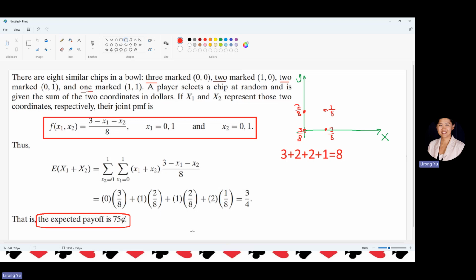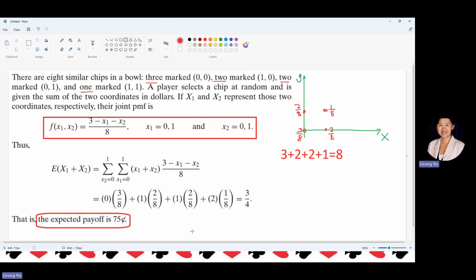The probability to be paid $1, like here and here, (0,1) and (1,0), that payment is $1, right? It says here, a player will be paid the sum of the two numbers. So the payment will be $1. The probability for it is these two added together. That's 4/8, right? Half of the chance will be paid $1.